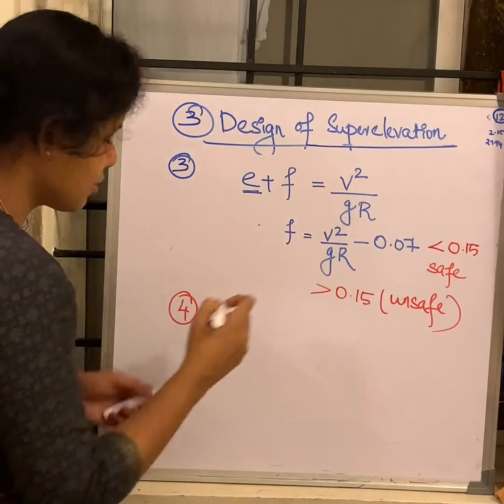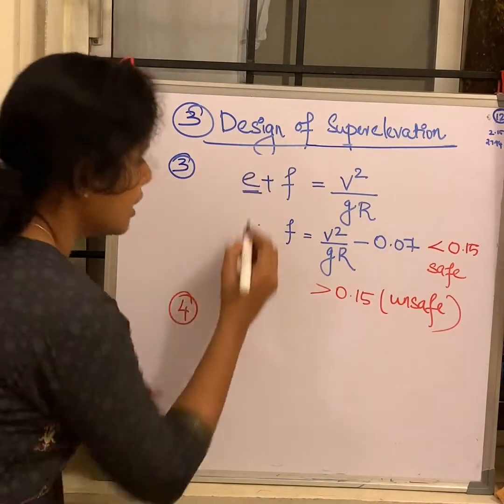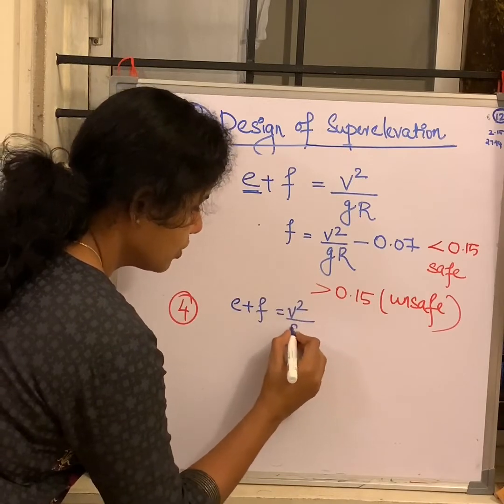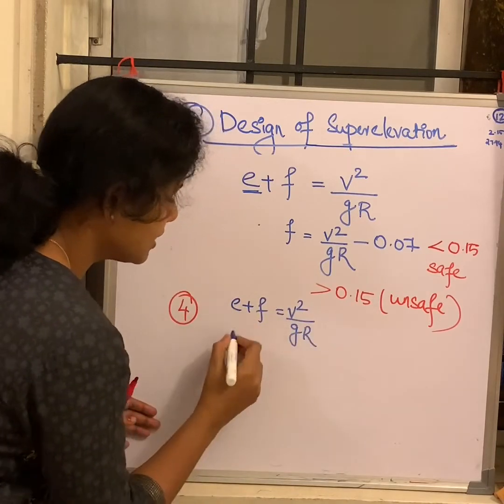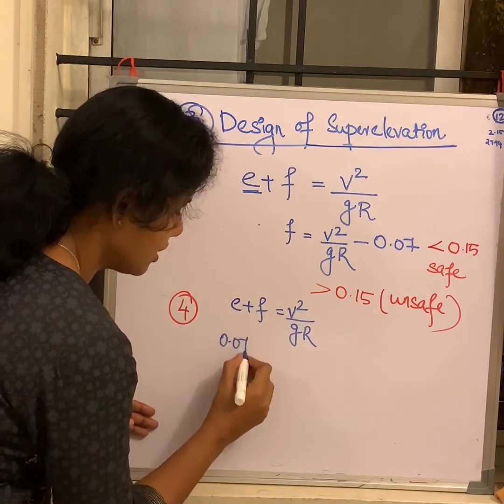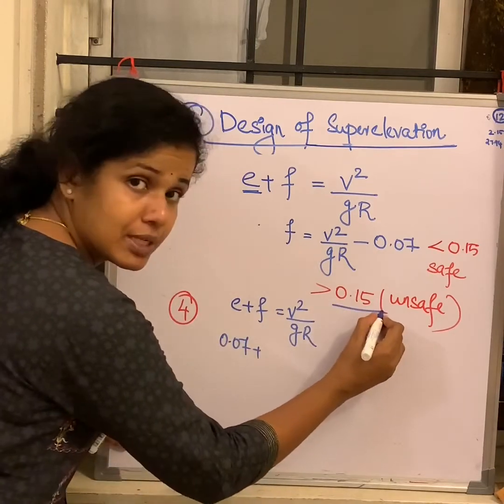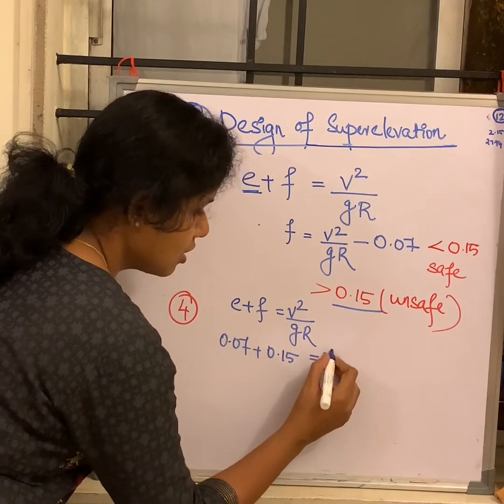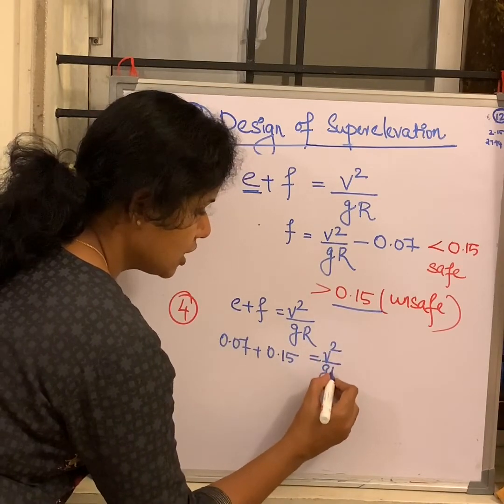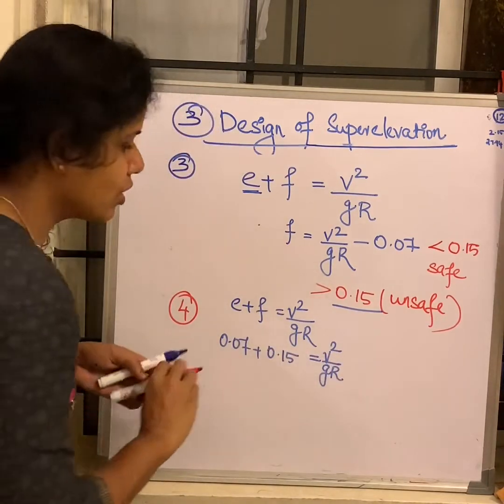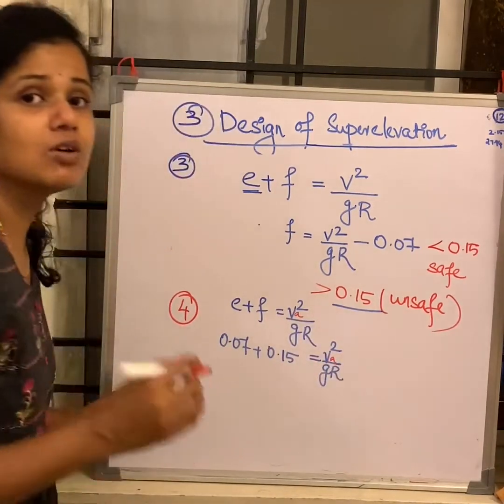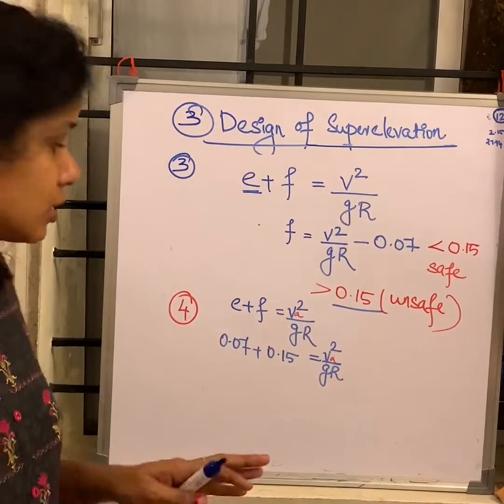From the same equation, E plus F is equal to V square by GR. Now what are we saying? We are limiting E as 0.07 and limiting friction to 0.15, because that's the maximum value we can consider, equal to V square divided by GR. Now, I'm going to write V as VA, because we are going to see how much the allowable speed is over there.